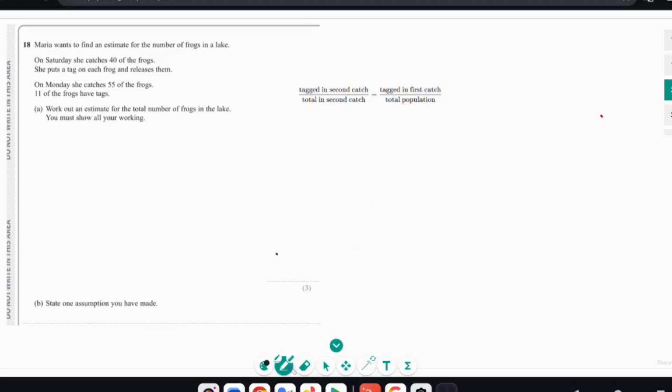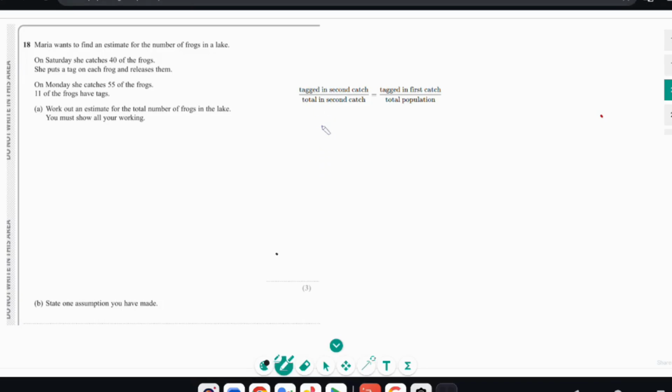So this is kind of linked to biology. So you might be familiar with this formula. Tagged in second catch over total in second catch equals tagged in first catch over total population. This is dealing with proportion.